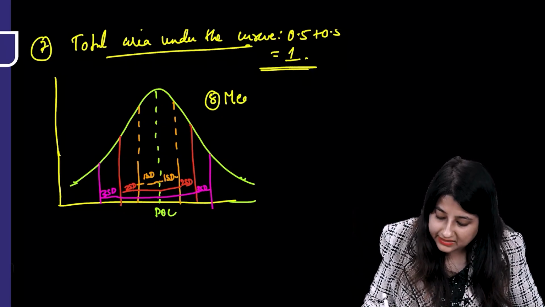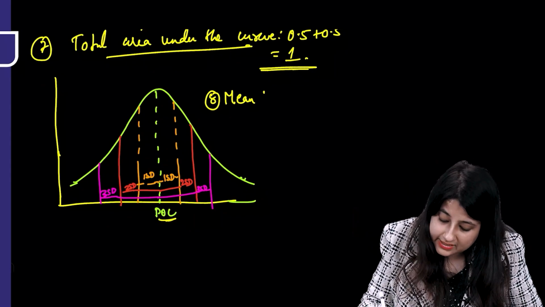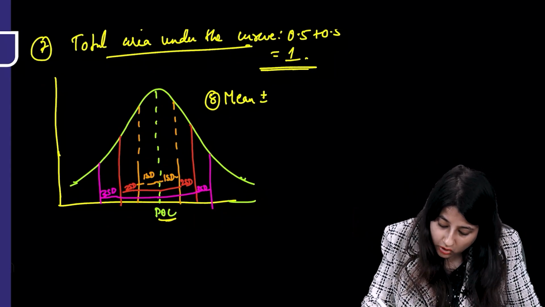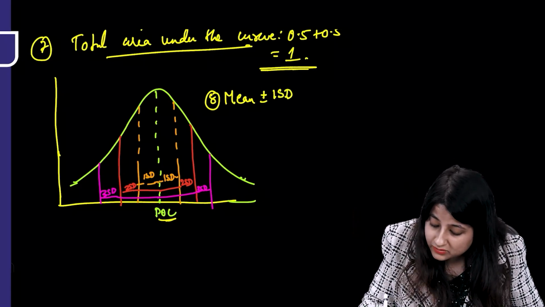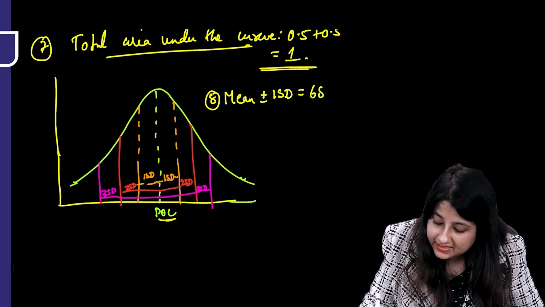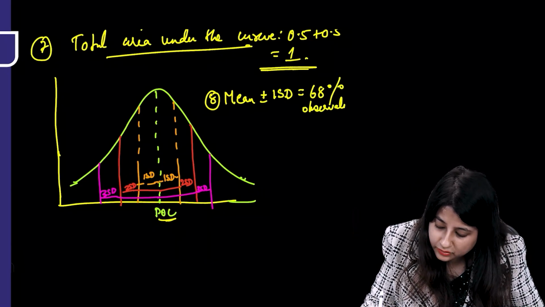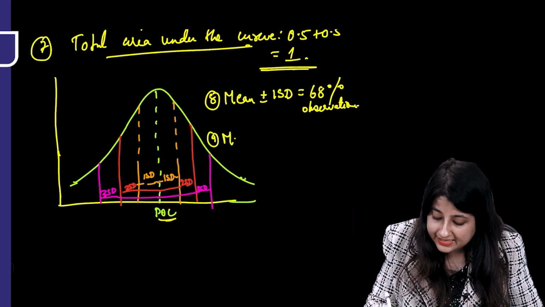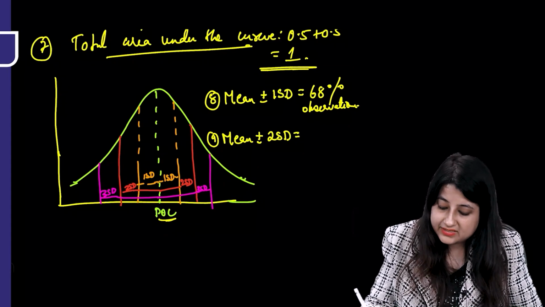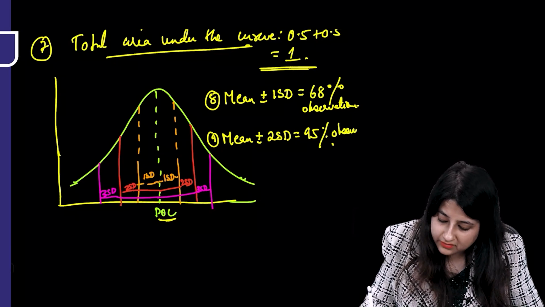At this point of coincidence, mean is equal to median is equal to mode. So mean, median, mode all lie on this green line. Mean plus minus 1 SD covers 68% of observations. That's one very important point. Point number 9, mean plus minus 2 SD covers 95% of observations.